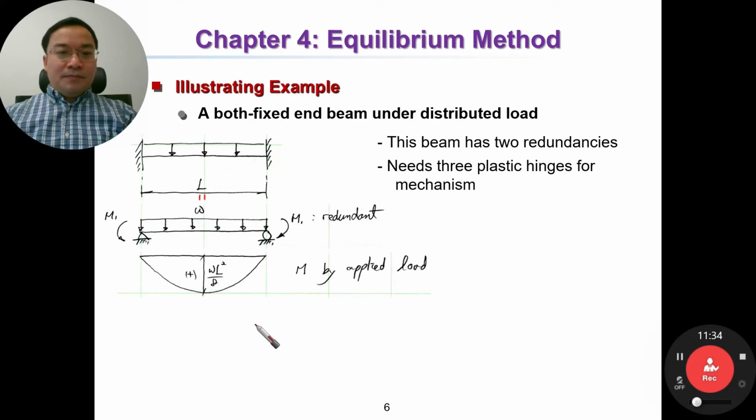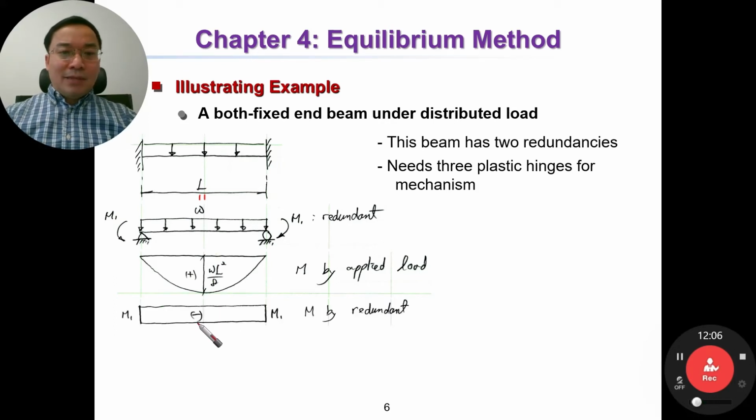Now for the simple beam with applied load, we have the moment diagram. The moment here is 0 because of the simple boundary condition, and the moment at the middle is WL squared over 8, as you already know. The moment diagram by redundants M1 and M1 is plus for this one and minus for this one.